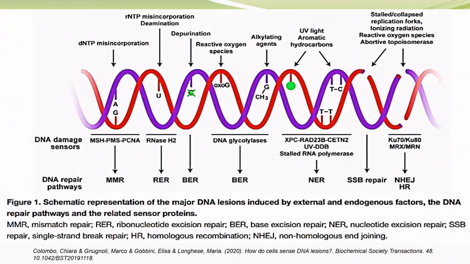Just a quick recap of the previous tutorial. This diagram shows different types of DNA damage that we have already discussed, for example, mismatches or deamination and depurination of bases.